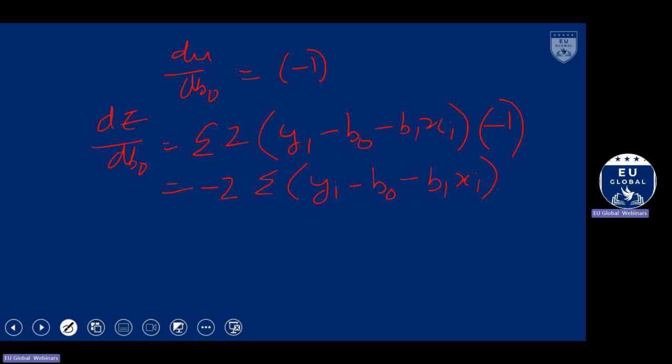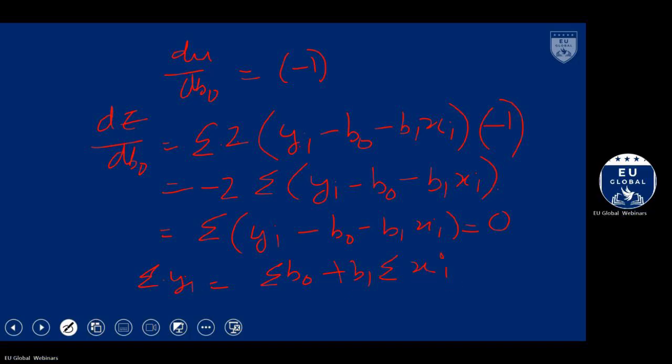Then we set the summation of yi minus beta naught minus beta 1 xi equal to 0. When we expand the summation, we get summation of yi is equal to summation of beta 0 plus beta 1 summation of xi, right?